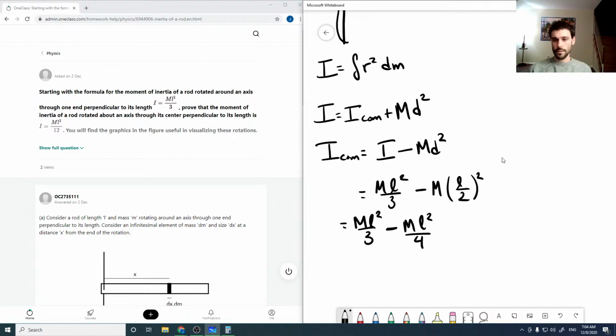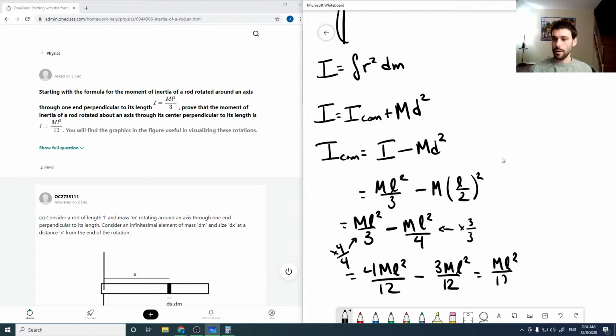Now we need to give these the same denominator, so we multiply the first by 4 over 4 and the second by 3 over 3. Then this is 4 ml squared over 12 minus 3 ml squared over 12, which is equal to ml squared over 12. And so the moment of inertia about its center of mass is ml squared over 12, which is what it asked us to show. So that looks good.